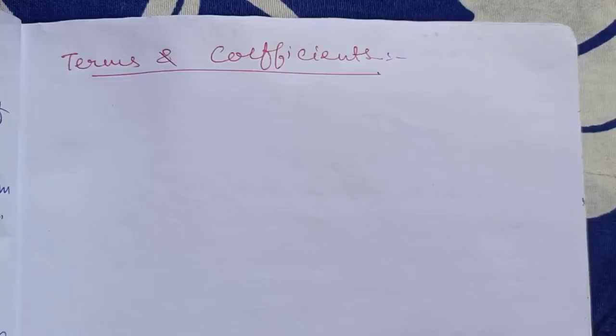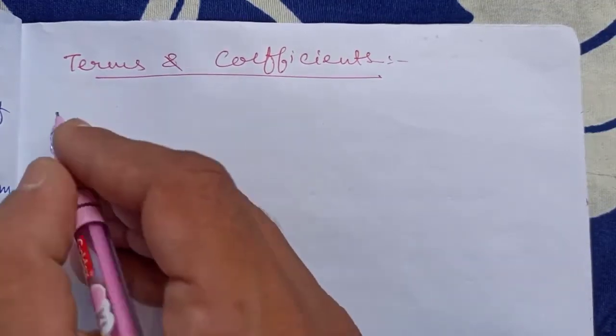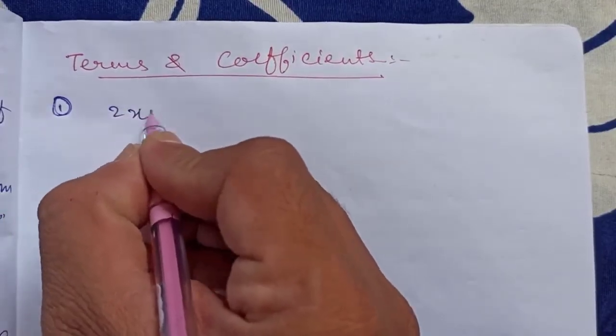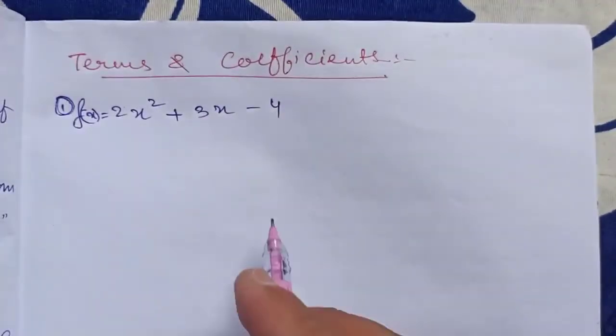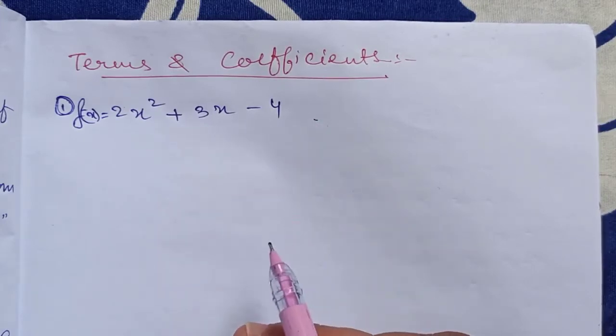Next are terms and coefficients. What are terms and coefficients, we will see. I will explain these two things with an example. I will write an equation, suppose f of x equals 2x square plus 3x minus 4.